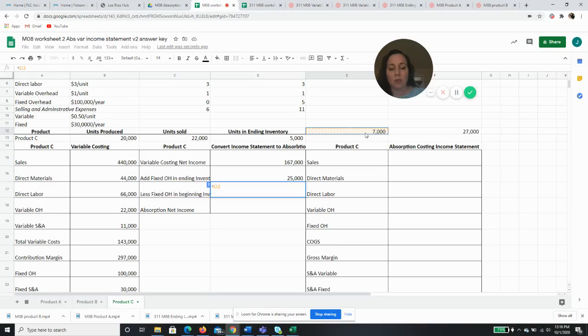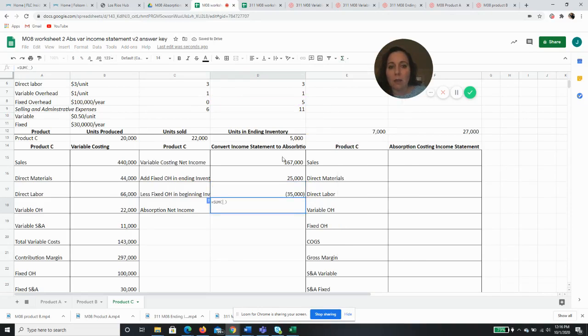And 7,000 units in beginning inventory times the amount of fixed overhead per unit under absorption costing of 5 gives me a fixed overhead in beginning inventory of 35,000. I'm going to go ahead and make that a negative number so I remember to subtract it.